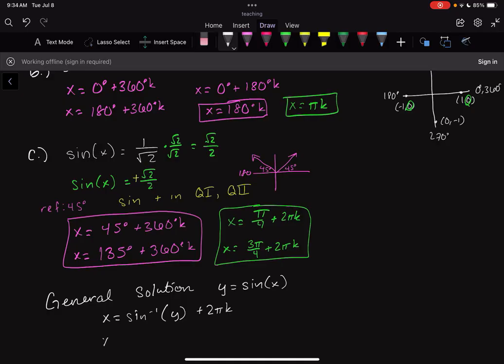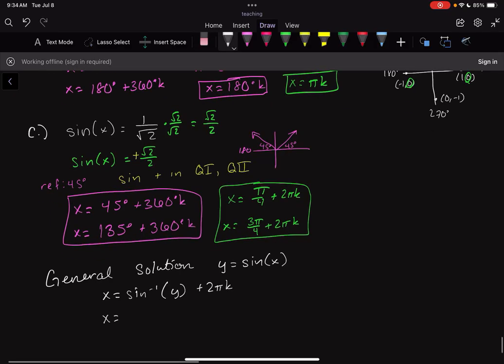And then the other one, just like what we did just now: we got our first answer in quadrant 1. That's what this would give if it's positive. It would give quadrant 4 if it's negative. And then to get the other one, we did 180 minus that answer. So this one is pi minus that answer plus 2 pi k.